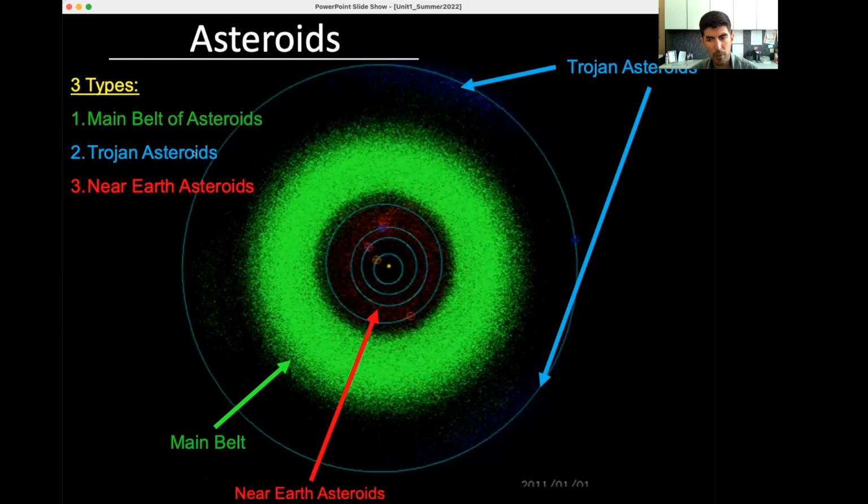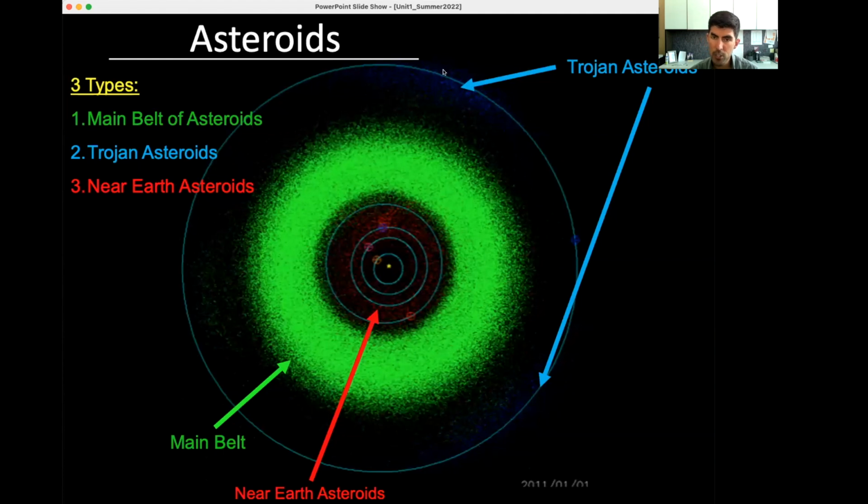The second group is a group of asteroids called the Trojan asteroids. And these asteroids are not in the main belt. In fact, they are actually part of the orbit of Jupiter. Jupiter's gravity is so strong that it creates a balancing force between it and the sun that occur at these different points in front of and behind the orbit of Jupiter.